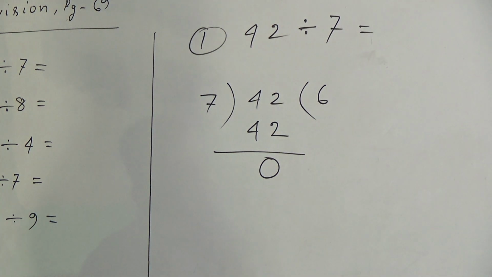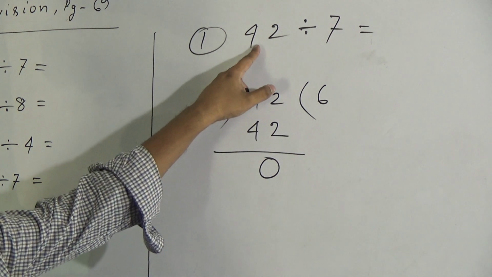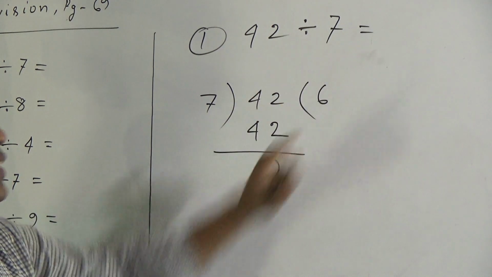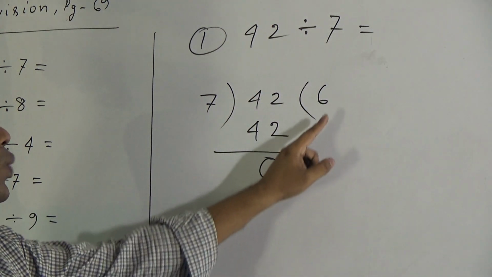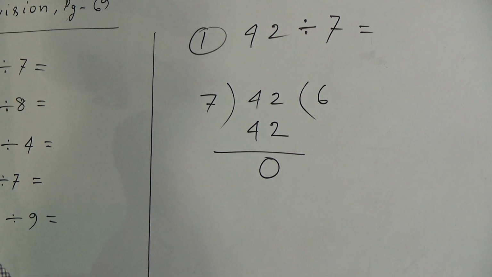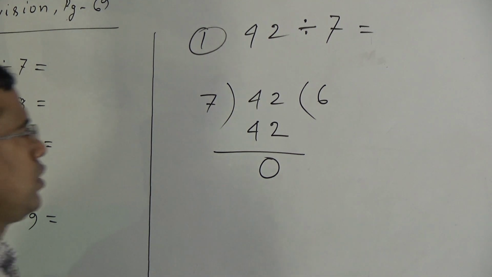That means if we distribute 42 chocolates among 7 students, each student will get 6 chocolates and there are no remaining chocolates.